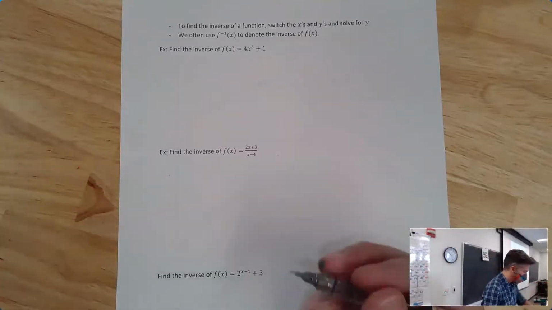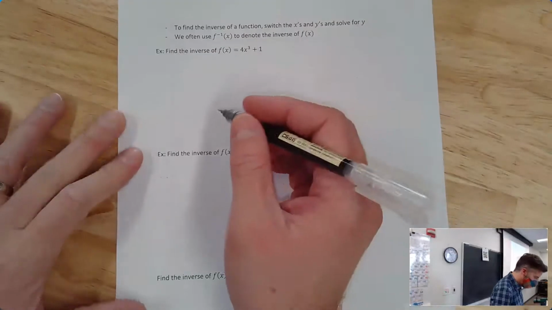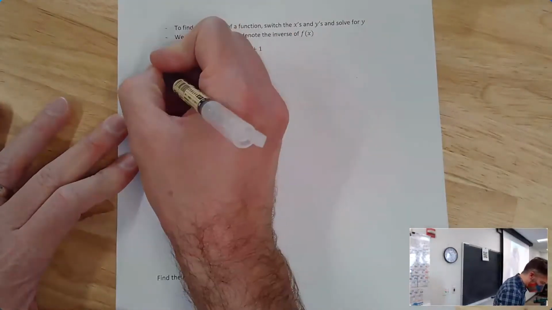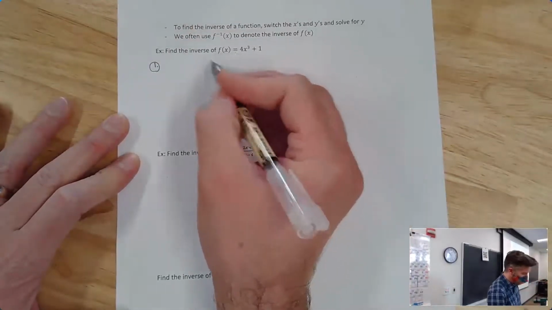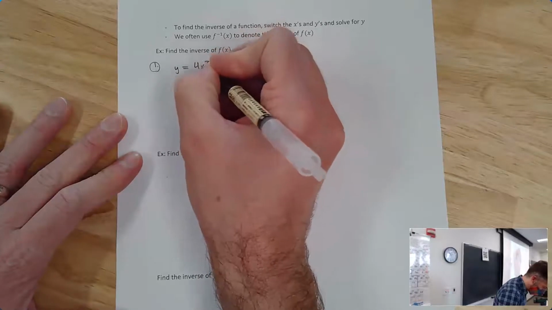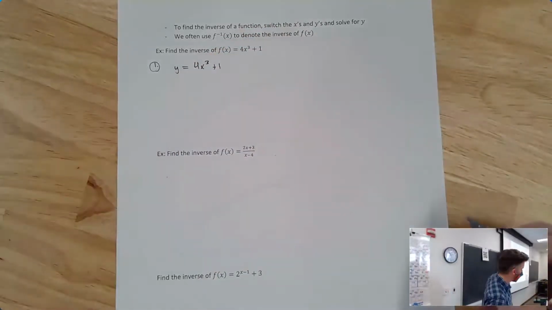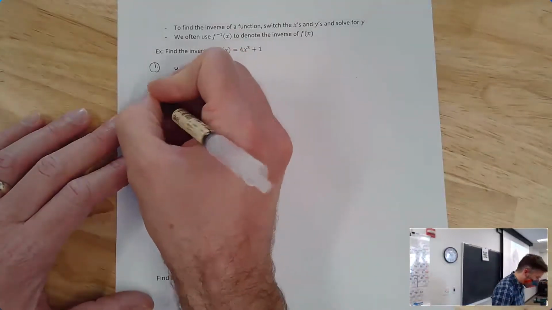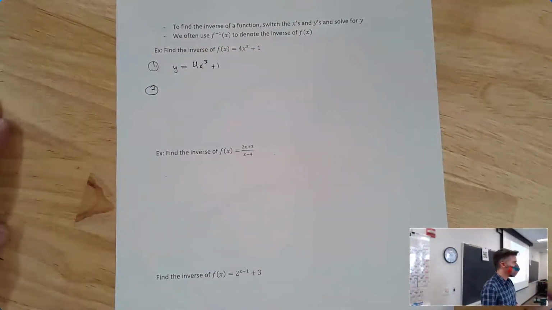So here's the process. First, I don't want to use f of x. I'm going to rewrite it as y equal to 4x cubed plus 1. That's my first step when I'm finding the inverse. The second step, interchange all the x's and y's.